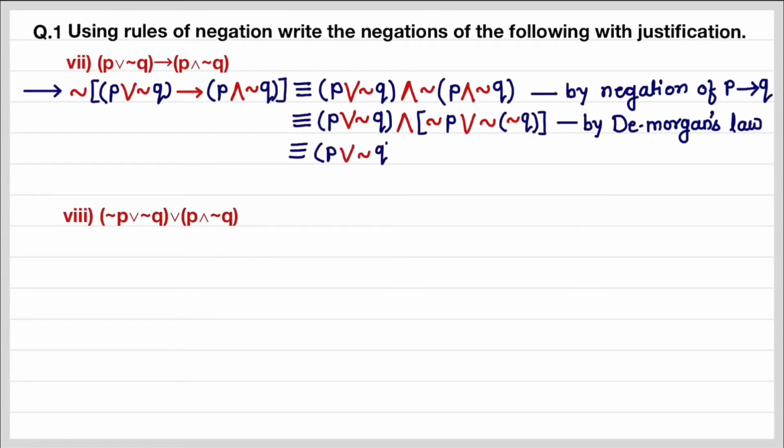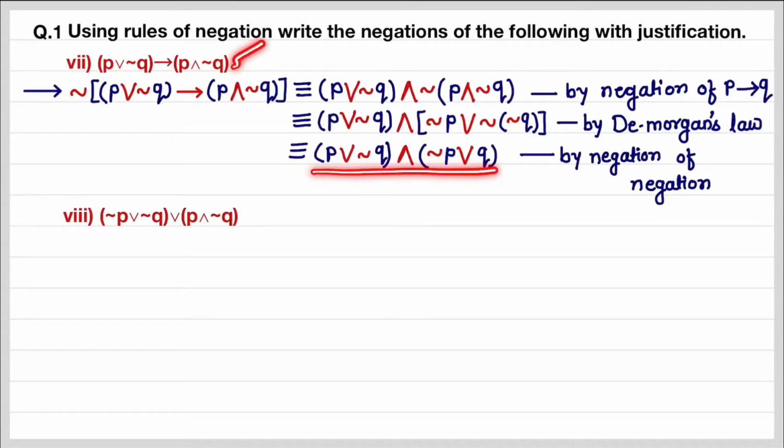So it is equivalent to first bracket as it is P or negation of Q, and second bracket negation of P, or again negation of Q is equivalent to Q, and reason is negation of negation, because negation of negation is equivalent to statement itself, is the negation of given statement pattern.